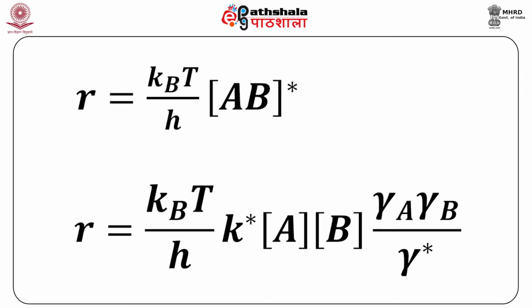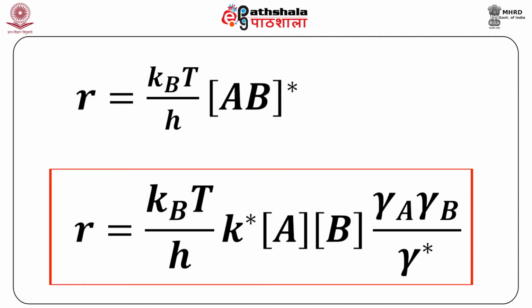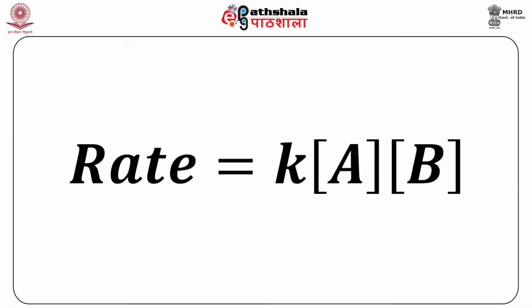On substituting the value that we have obtained for the concentration of transition state complex here, the rate equation becomes equal to kBT upon h into K star into concentration A into concentration B into gamma A into gamma B upon gamma star. Experimentally, the rate of such a reaction A plus B giving products is given by the expression rate is equal to K into concentration A into concentration B.